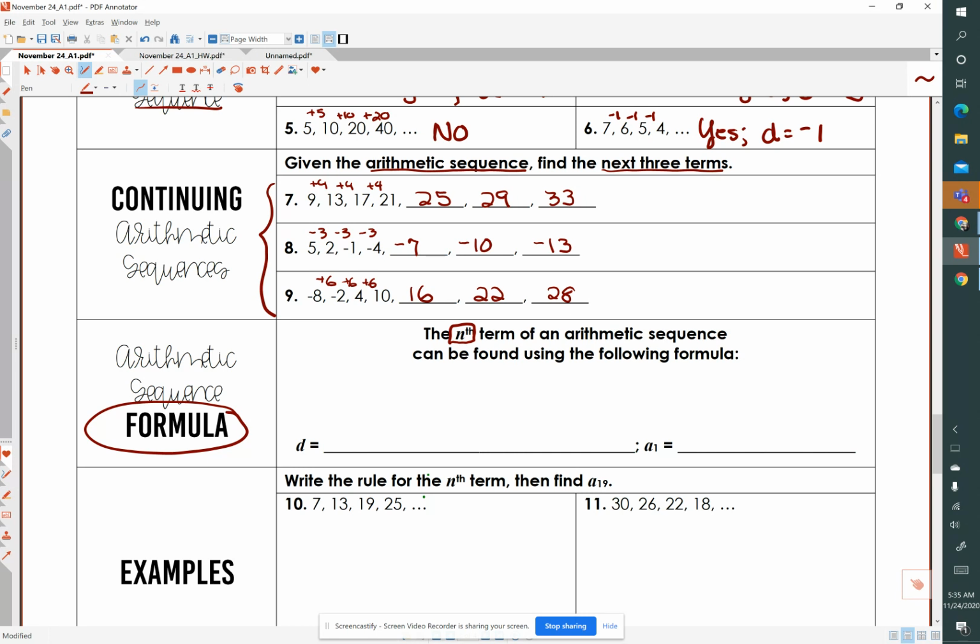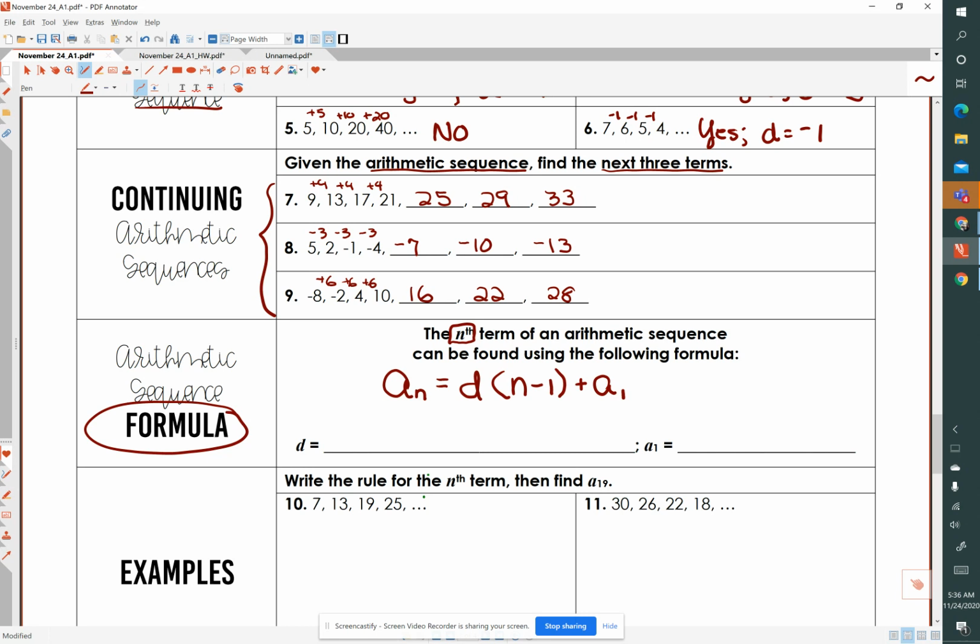The nth term of an arithmetic sequence can be found using the following formula. A sub n equals D times the quantity of n minus 1 plus A sub 1.